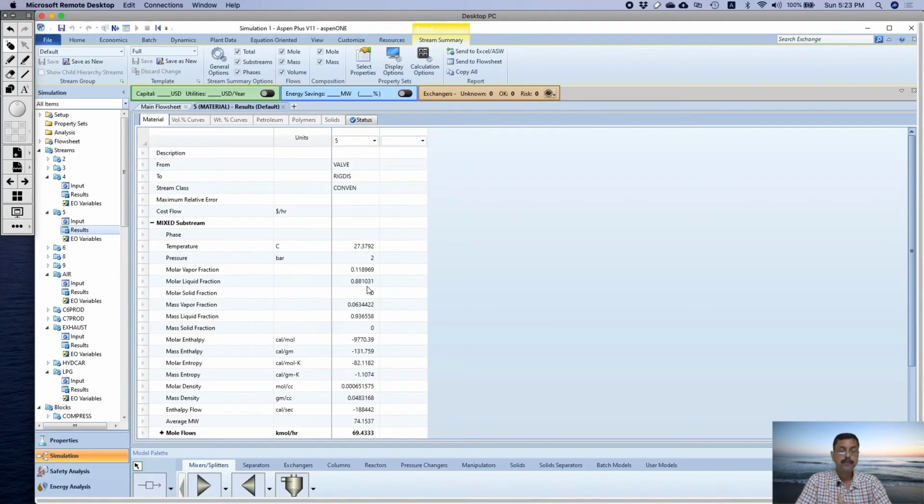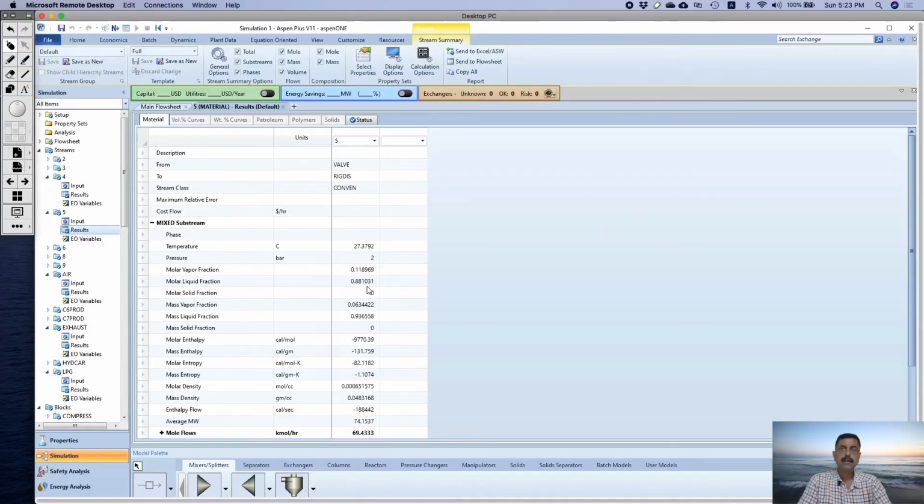So if it is compressed to 2 bar, then it is 88.10%. Now if the pressure of the valve is increased to 5 bar, then obviously the liquid percentage should increase, right? Liquid percentage should increase.